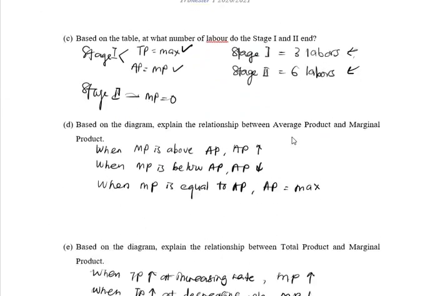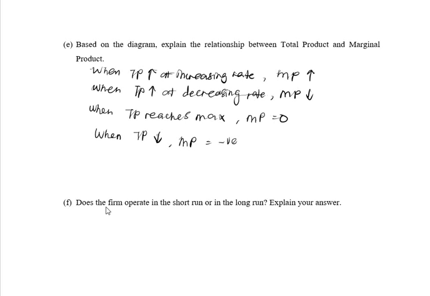Okay, last question. Does the firm operate in the short run or in the long run? Explain your answer. In the beginning of the topic, I explained the differences between short run and long run production. Short run production involves 2 inputs, fixed input and variable input, meaning the producer doesn't have much time to increase their capital.